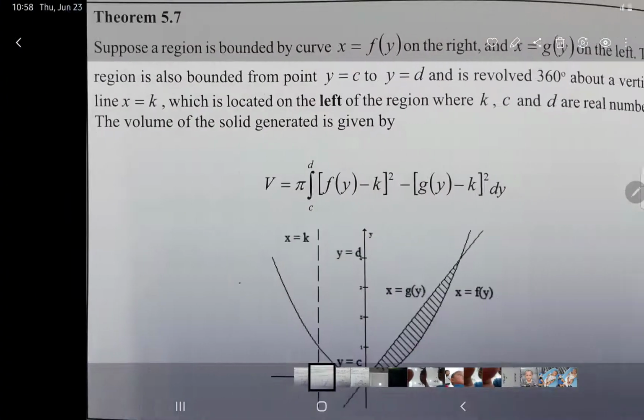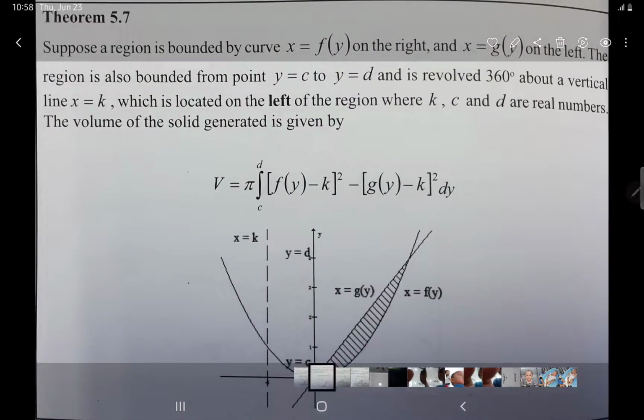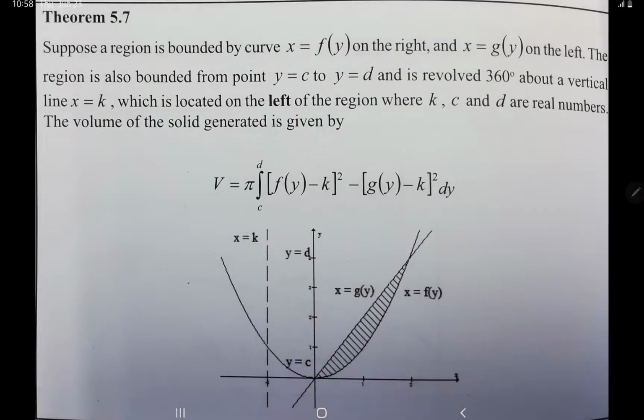Okay, kita tengok theorem 5.7 first. In this formula, kita kena masukkan dekat sini function in term of y lah, sebab kita nak integrate dy. Tak boleh ada variable x. So function f tolak k square minus g minus k square. Function f apa, function g yang mana?